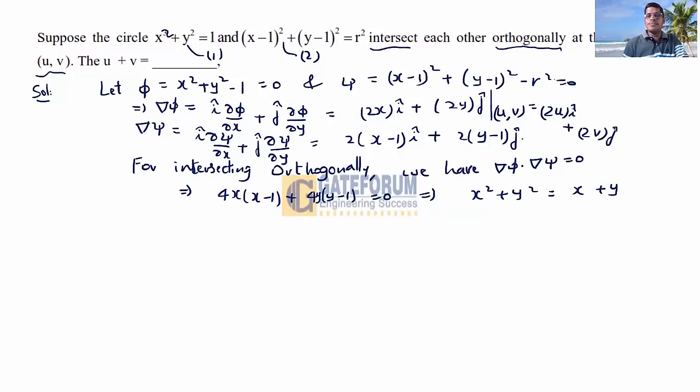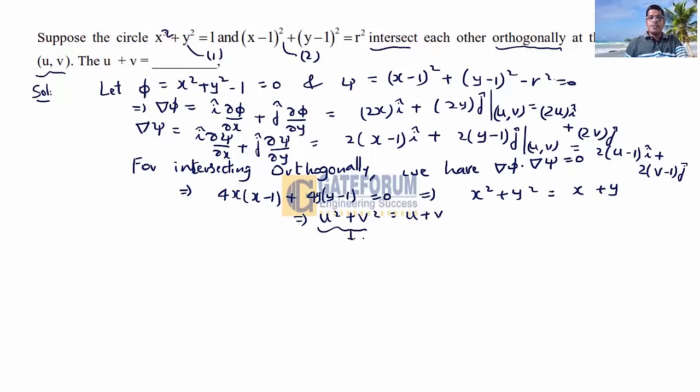Similarly, at this (u, v), you will be getting 2 into (u minus 1) i cap plus 2 into (v minus 1) j cap. So now, instead of this, x is replaced by u, y is replaced by v, u square plus v square is equal to u plus v, already given, that is this value 1.